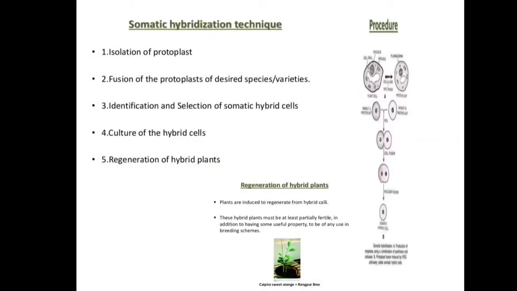It is a technique which allows manipulation of the cellular genome by the process of protoplast fusion. It involves three aspects: fusion of the protoplast, selection of the hybrid cells, and identification of the hybrid plant. We will discuss these three steps in depth now.